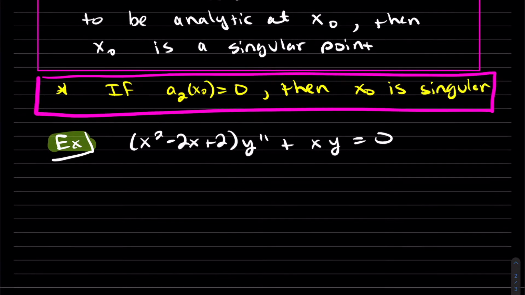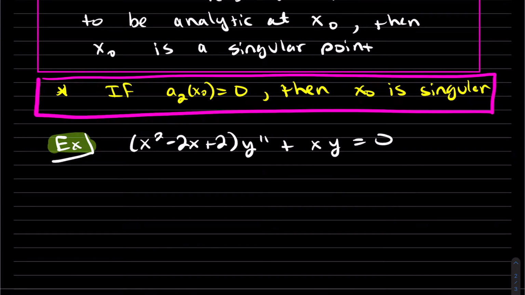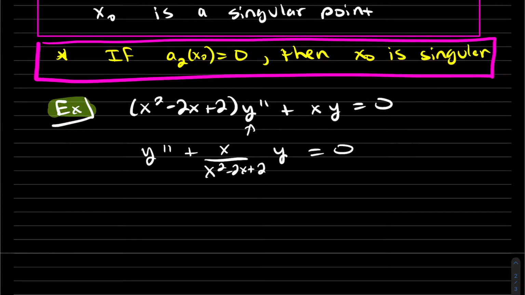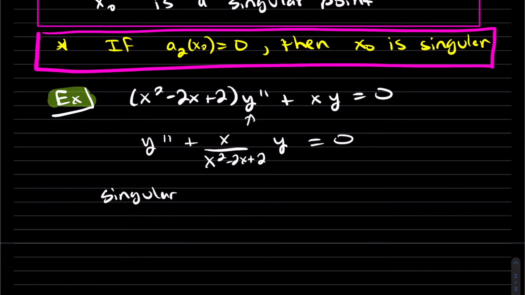We need it to be in our standard form, with the leading coefficient of y double prime being 1. Our singular points are when the denominator is equal to 0. So let's solve that.